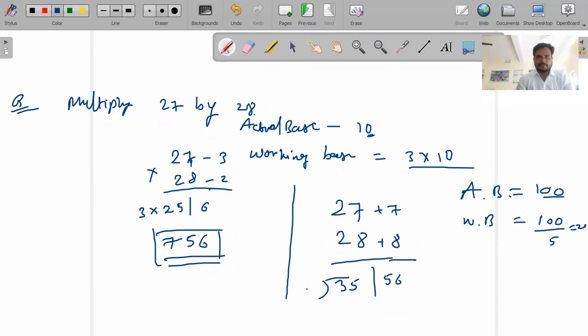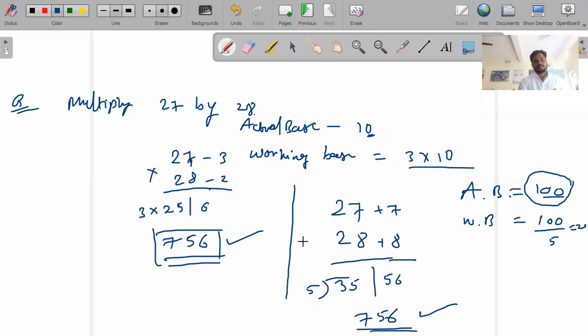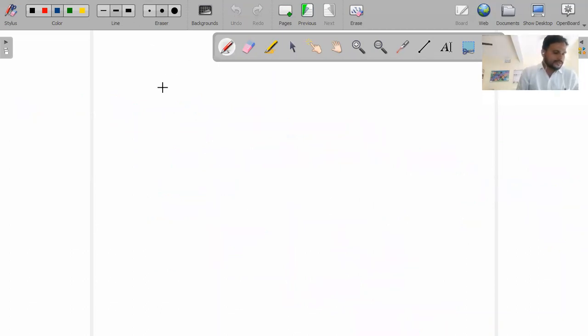Dividing this number by 5, you will get 7. So 7, 5, 6. This is the answer. It's right. You can work with any base, but again you have to take the help of this base.